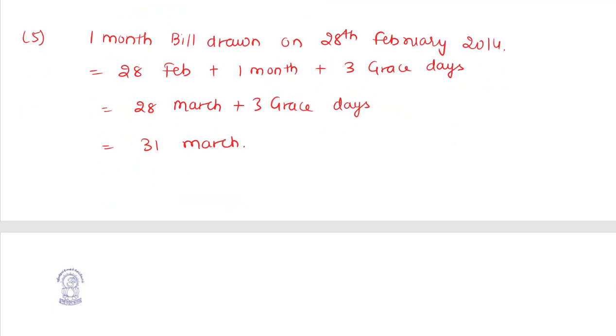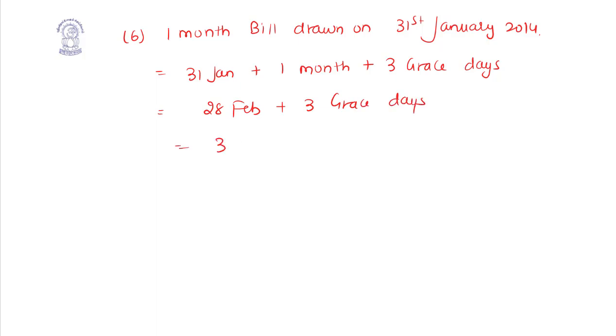Next, a 1 month bill drawn on 31st January 2014. 31st January plus 1 month is 28th Feb, plus 3 grace days. This is 3rd March.